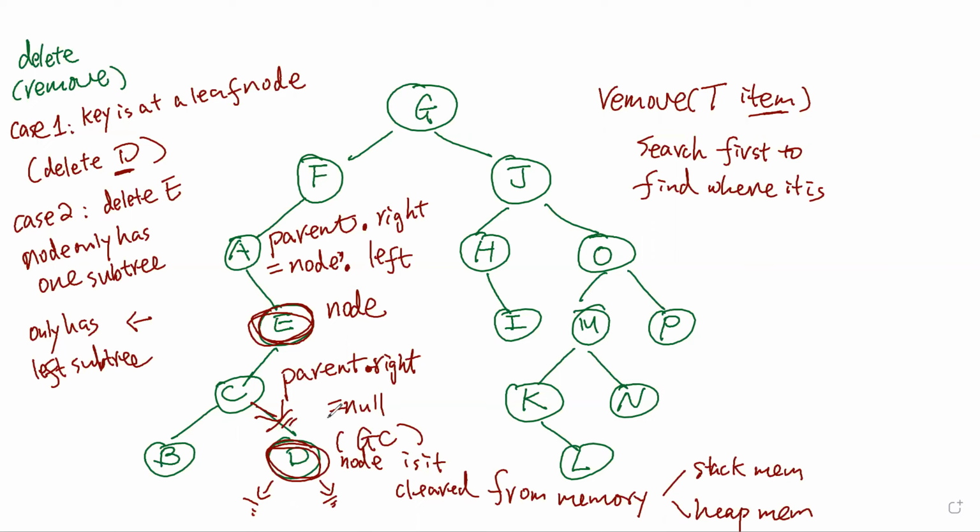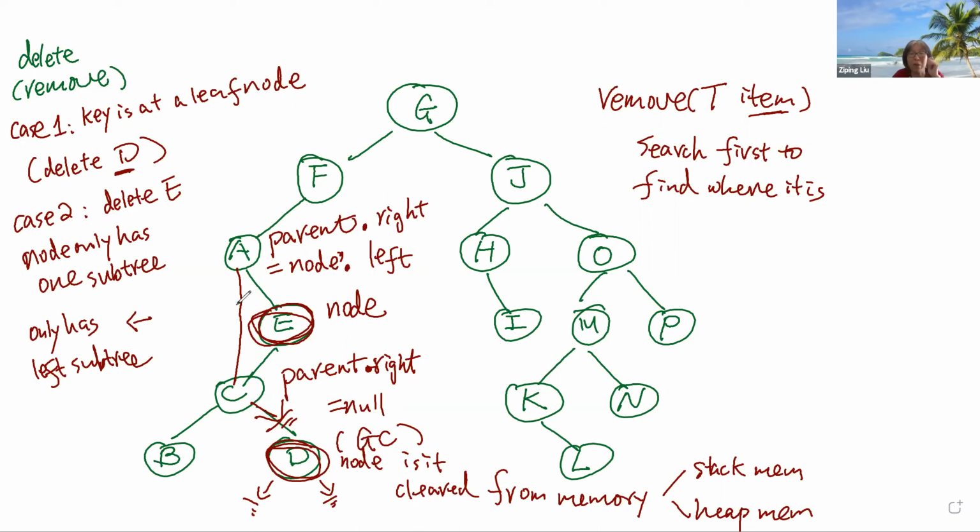In this case, if this node only has one subtree, it is on the parent's right, because when you do visiting, you can keep tracking the parent node. That's why you set parent's right to this node's left.